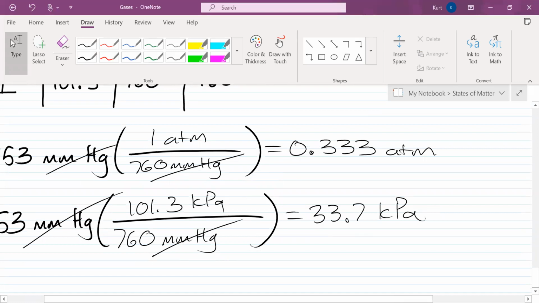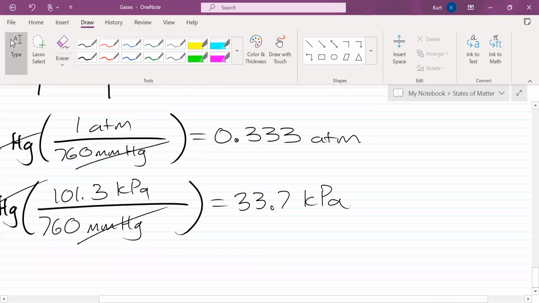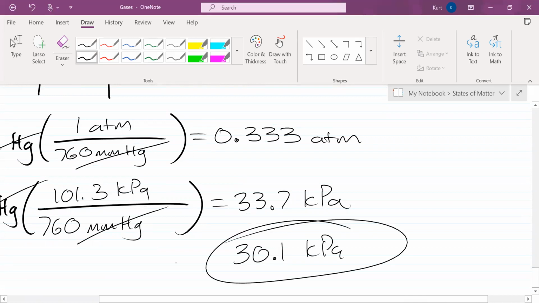Now, I just looked up online at what atmosphere or what elevation it pretty much becomes impossible to breathe. I have 30.1 kPa. At that pressure, you really can't breathe. So, can you breathe on top of Mount Everest?